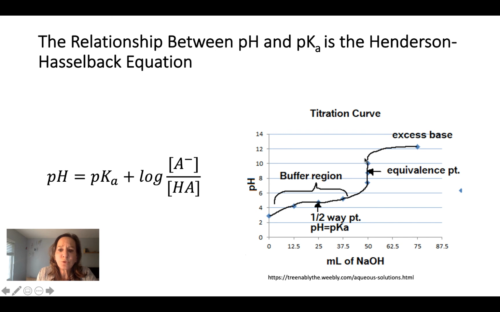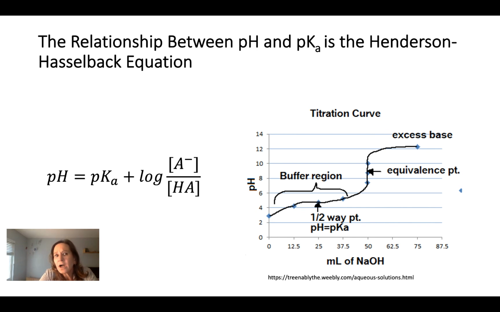Then it hits a point where all of a sudden we see this dramatic change in pH. We call this pivot point, where it goes dramatically to a basic form, the equivalence point.